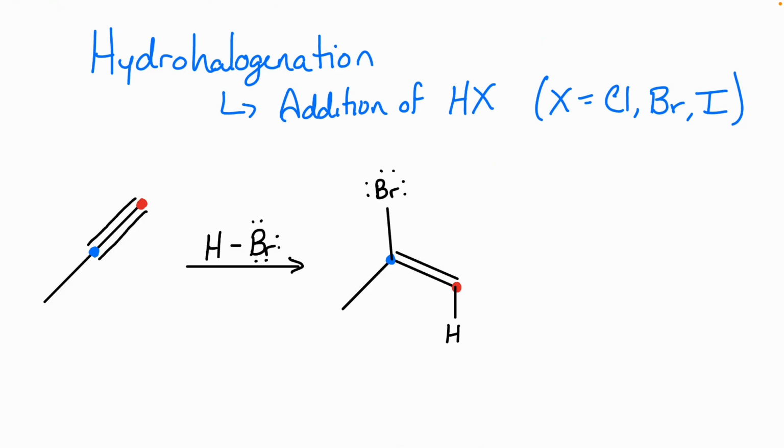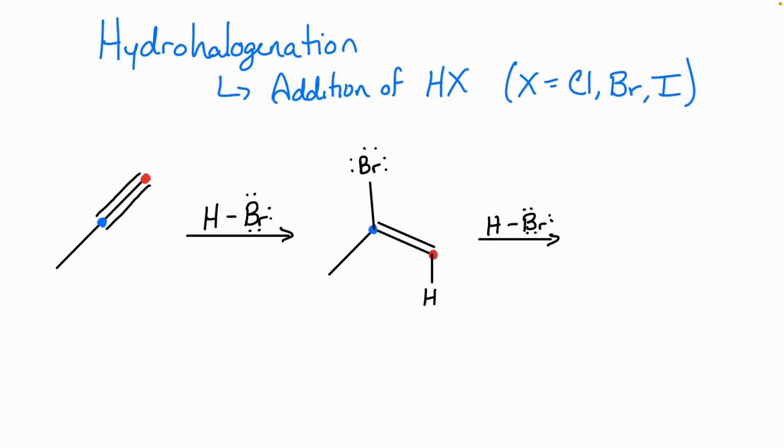And alkenes, of course, also react with HBr, right? So we can get a second addition reaction here. We're going to add another bromine to that blue carbon. They will always be added to the same carbon.